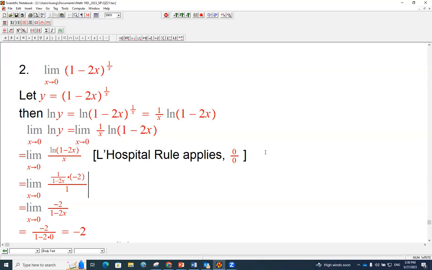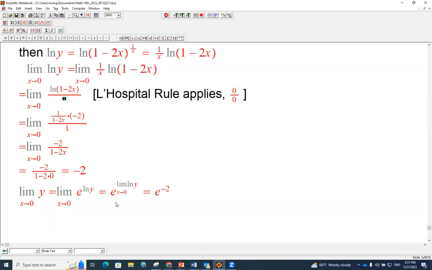So we can apply L'Hopital's rule by differentiating the top by itself and the denominator by itself. Some of you didn't use the quotient rule, which is good, but you used the multiplication rule, which doesn't apply here either. You see it as 1 over x multiplied by ln(1 minus 2x), and that's another way of doing the quotient rule.